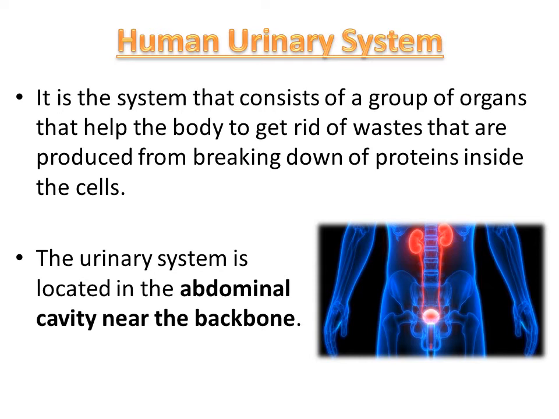So again, what is the urinary system? It's a system that is made of different organs, a group of organs. They help the body. What is its job? It helps the body to remove the wastes produced, and usually these wastes are the nitrogenous wastes that we talked about before, that we said are formed by breaking down of proteins.